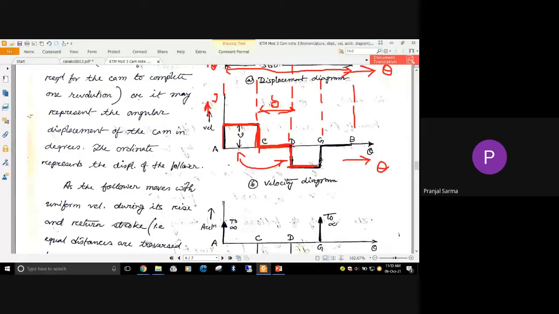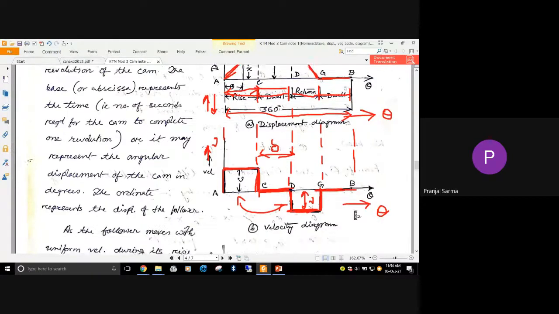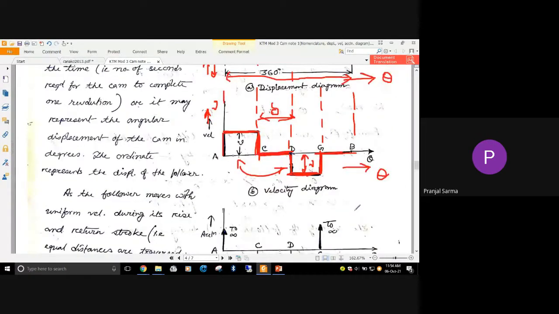This is the velocity value, v. Then once again after that there is a dwell, so suddenly it has stopped and there is no velocity. This is the velocity diagram. Is it clear up to this much? The displacement diagram and velocity diagram, how we are drawing them.